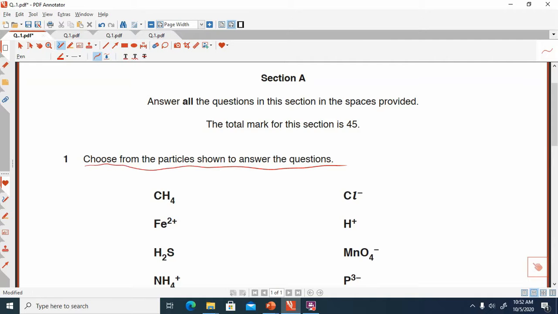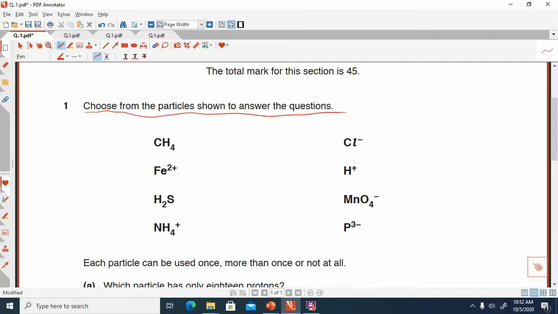And then they will give the statements also. Then what we have to do is go to the statement, the sentence which is in question form, and then move towards these words or the ions or the compounds. Then we will match them with the sentences.